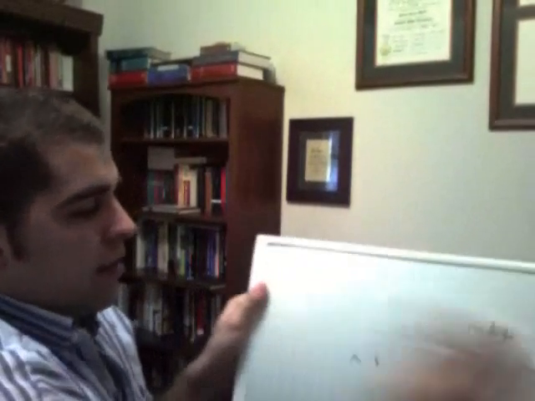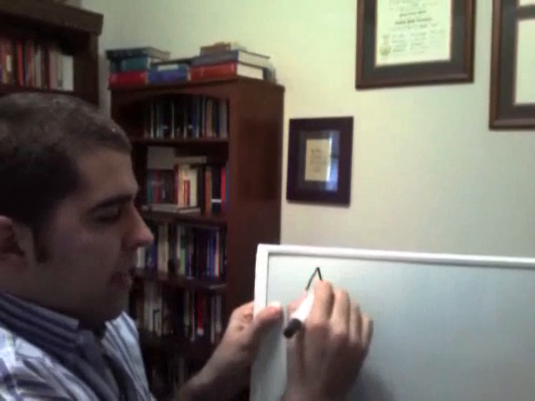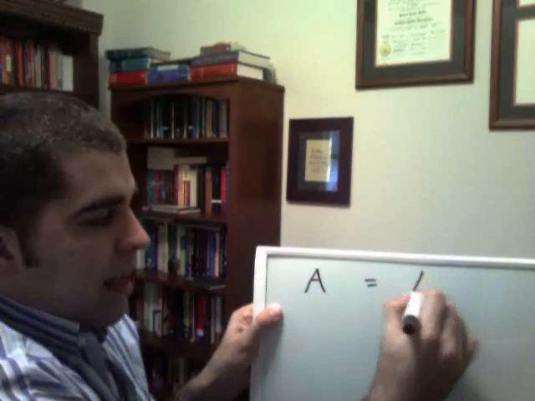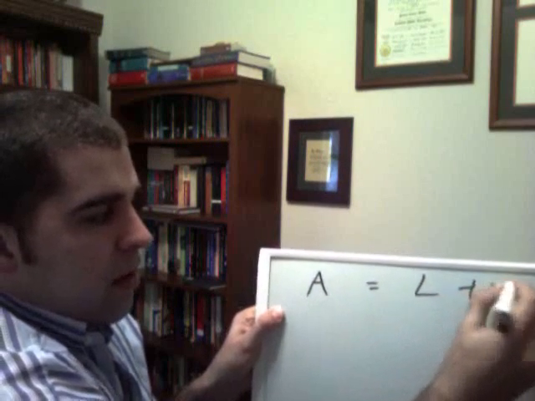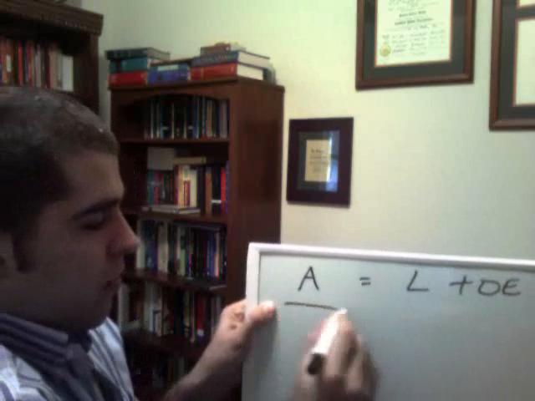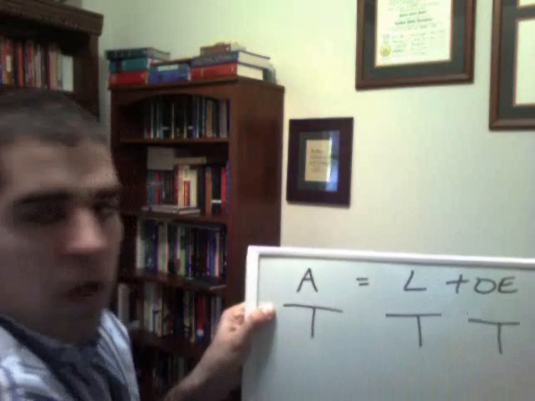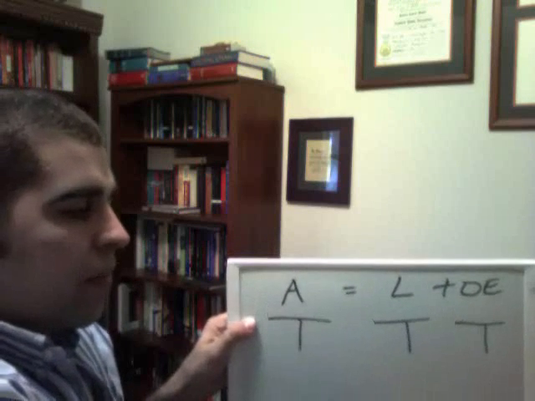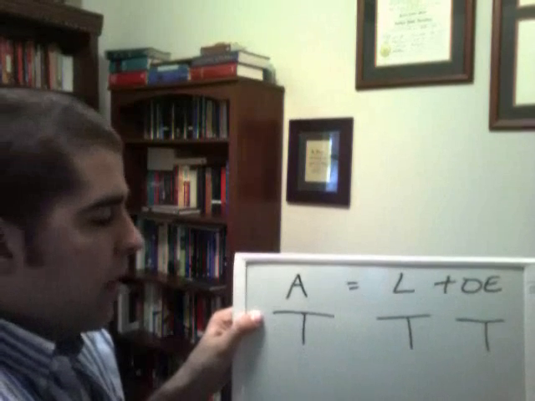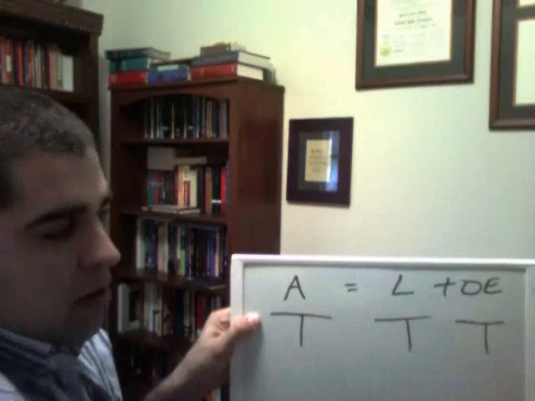So let's continue down the sheet here. Now let's look at our basic accounting equation again. Assets equals liability plus owner's equity. When we have T accounts here, underneath each one, whether they're increased or decreased by debits or credits is going to depend on whether it's an asset, liability, or owner's equity account.